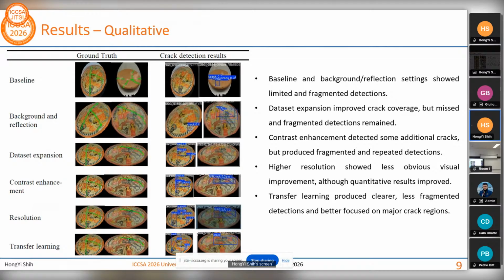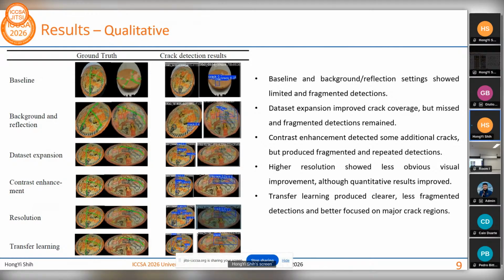In the contrast enhancement setting, it detected more cracks in individual examples, but the results became more fragmented and some regions appeared repeatedly detected. So it kind of explains why the quantitative improvement was limited. The additional detections did not consistently improve correct crack coverage and may have introduced more false positives. For higher resolution, the qualitative improvement is not as visually obvious as the quantitative results.